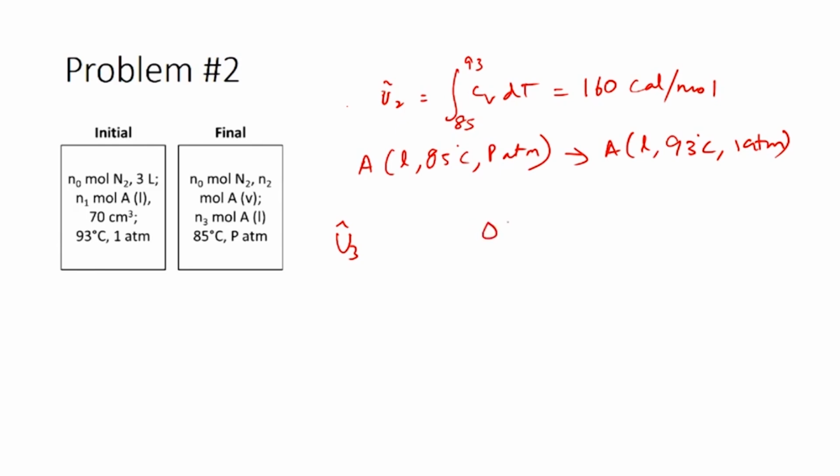So, we can calculate delta U cap V as delta H cap V minus RT, where T would be the temperature at which the phase change happens.